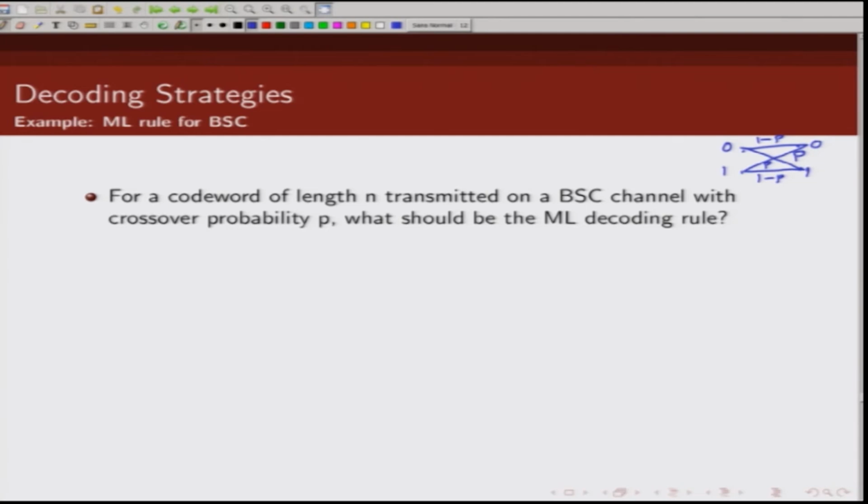So, the question I am asking is, if a code word of length n is transmitted over a binary symmetric channel whose crossover probability is p, what should be my maximum likelihood decoding rule?